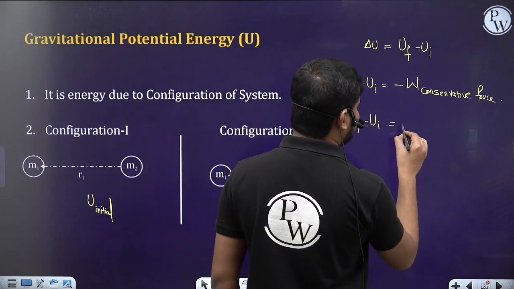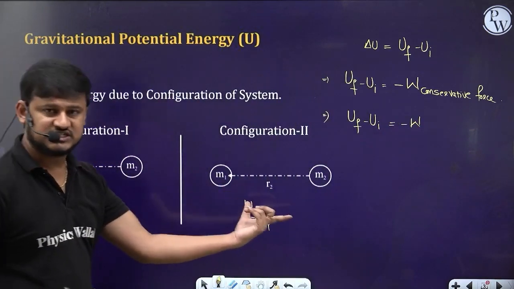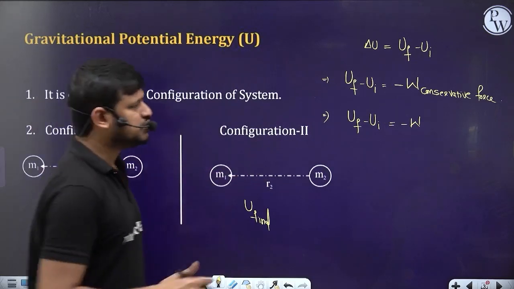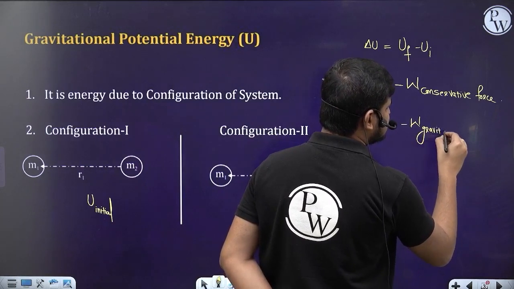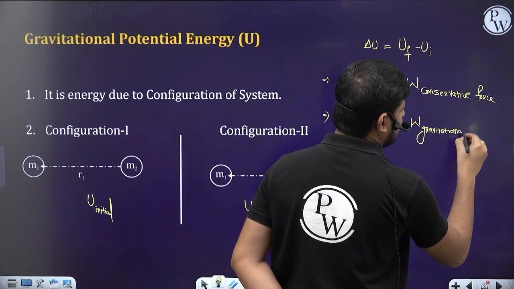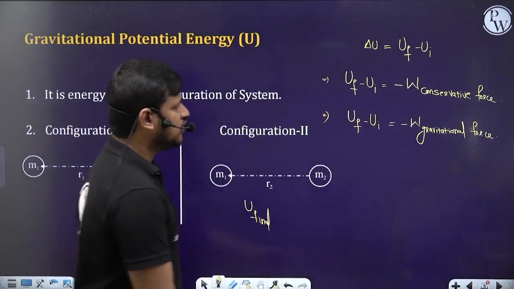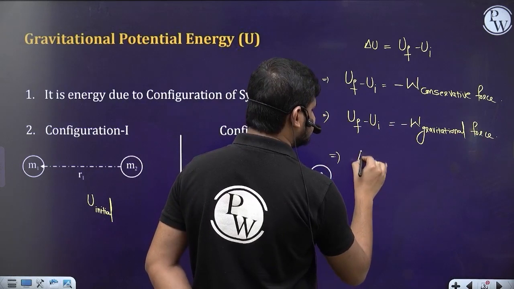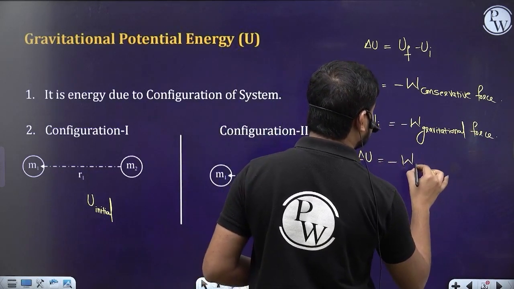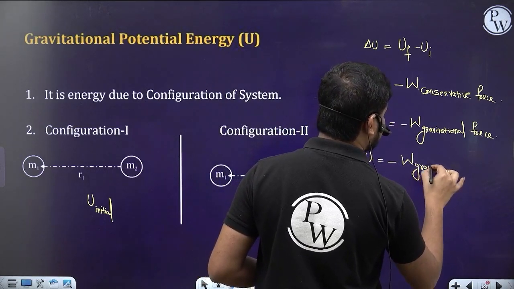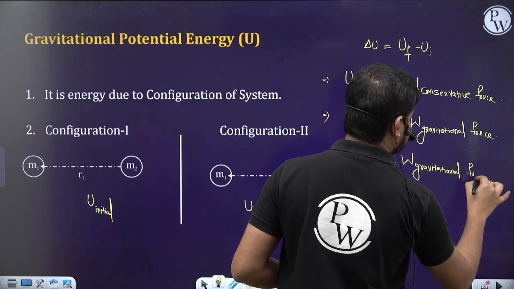Here, which force are we talking about when we change the configuration of these two masses? The conservative force, that is the gravitational force between them. So the change in potential energy, delta U, is the negative of the work done by the gravitational force. Always remember this one.